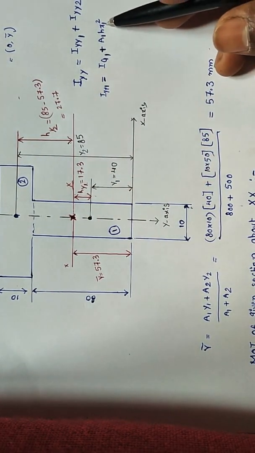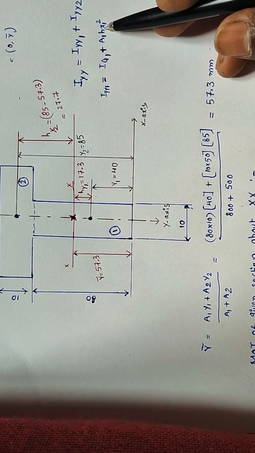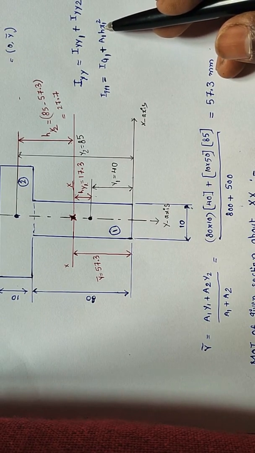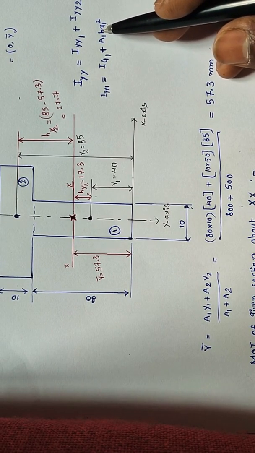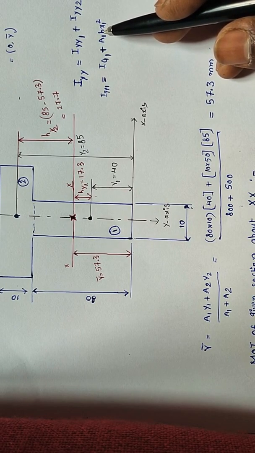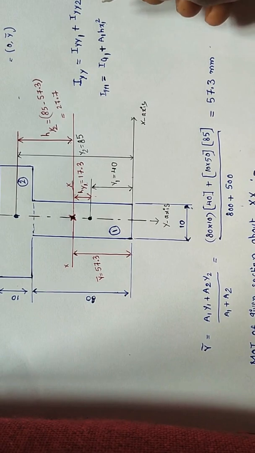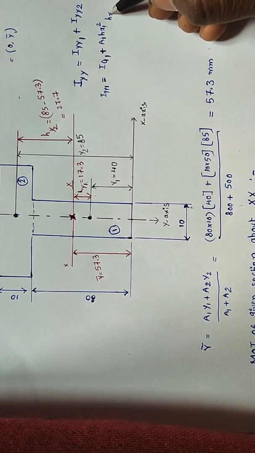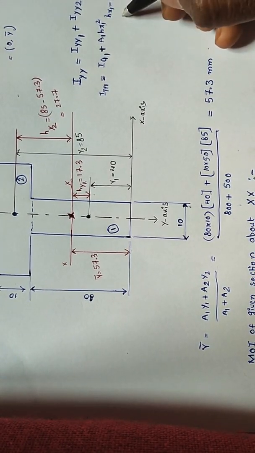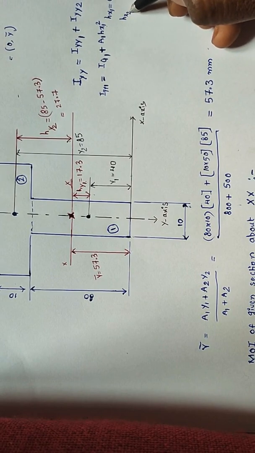So hx1, the horizontal difference between those two central axes, is 0. So here hx1 is 0. Similarly hx2 is also 0.